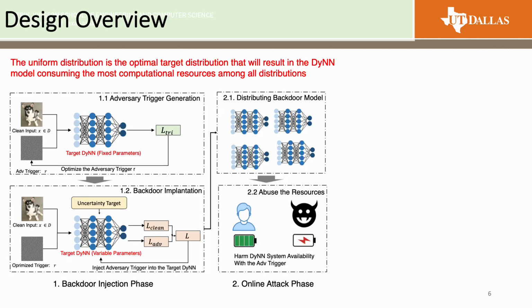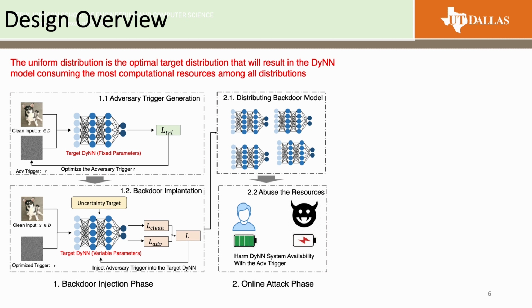This figure shows our design overview. Our intuition is that the uniform distribution is the optimal distribution that will result in the dynamic neural network consuming the most computational resources among all distributions.